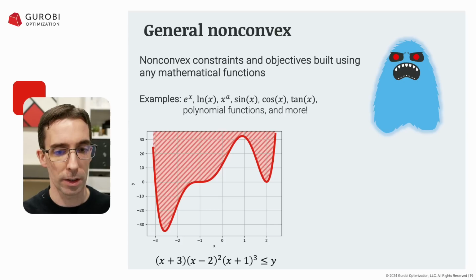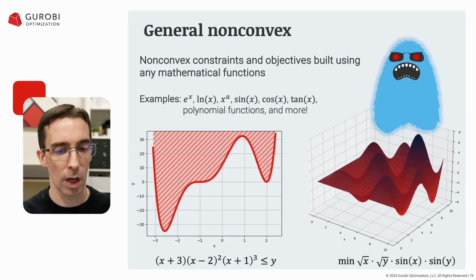And in the pictures here, this illustrates what we might have for a feasible region or for an objective function. And you see, by including these additional nonlinearities, we end up with much more complicated structure, possibly allowing us to have multiple local optima, and also just generally a more complex structure that's more difficult for our solution algorithms to navigate.